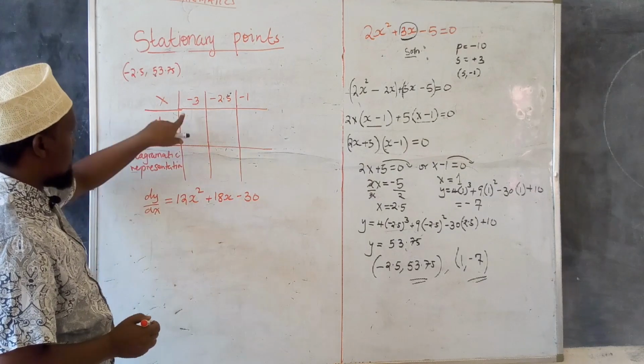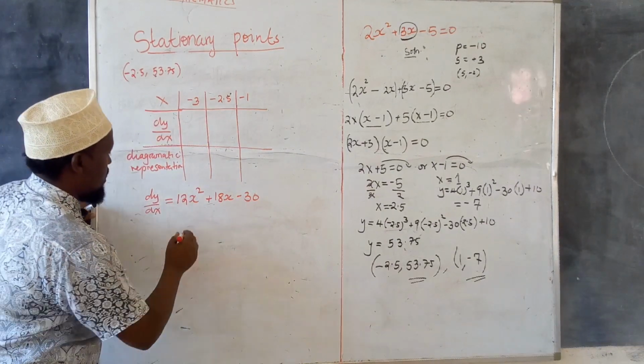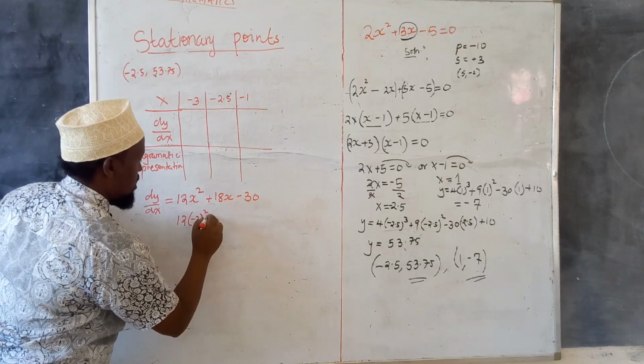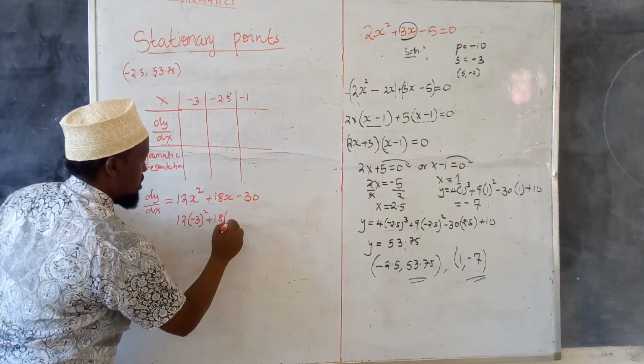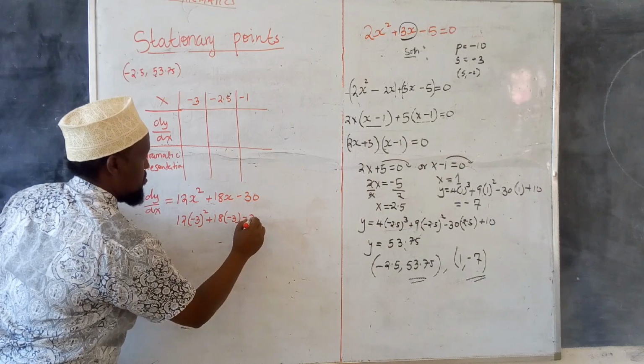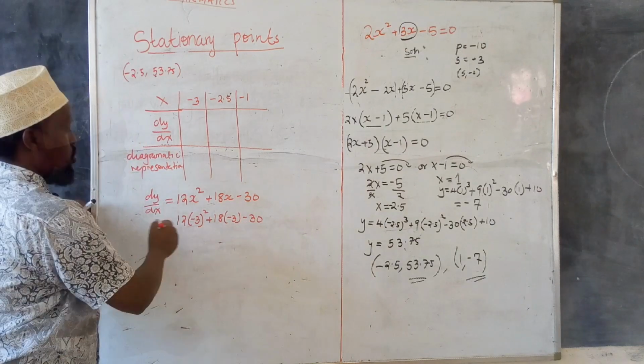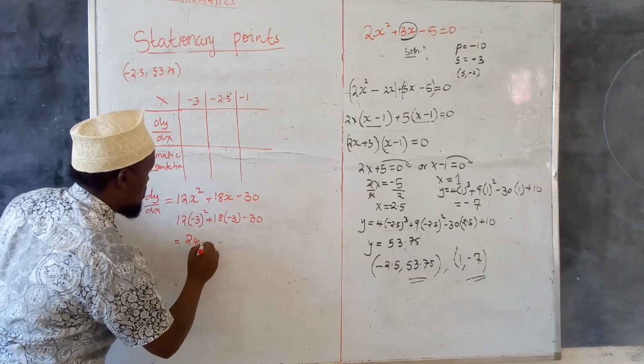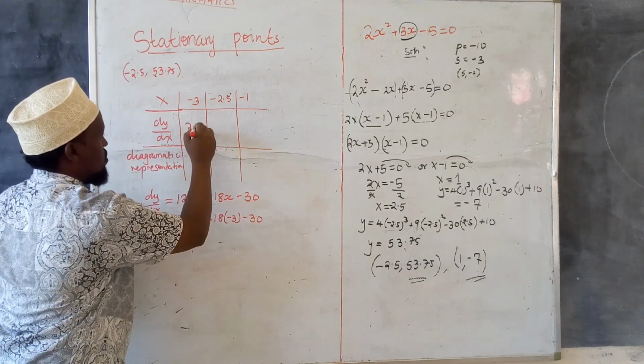We have to find the gradient now when x is -3, which becomes 3(-3)² + 18(-3) - 30. When you use a calculator, the gradient here will be 24.